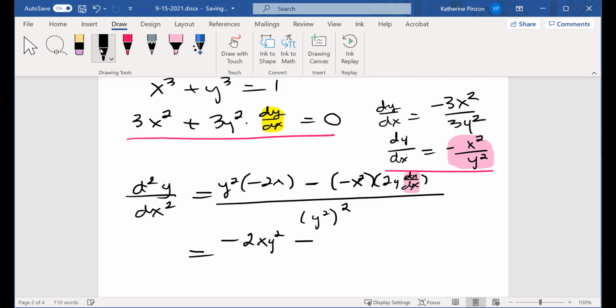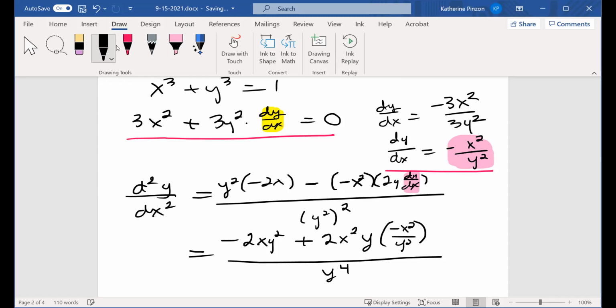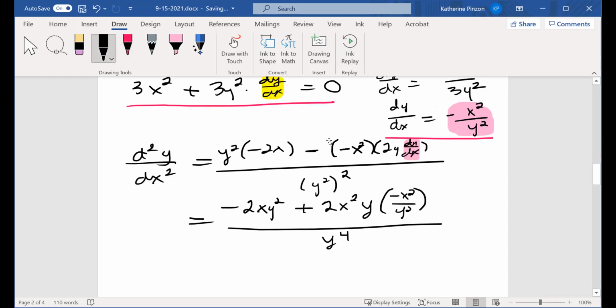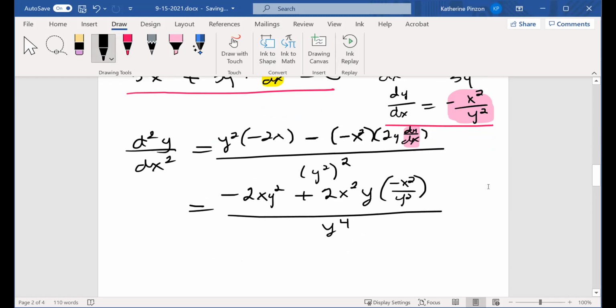This is going to be a plus because I have two minuses. 2x squared y times dy dx, negative x squared over y squared, divided by y to the fourth. I can simplify that if I want to. I can just enter it in like that. Doesn't matter. But I can't enter it in when it has dy dx in it.